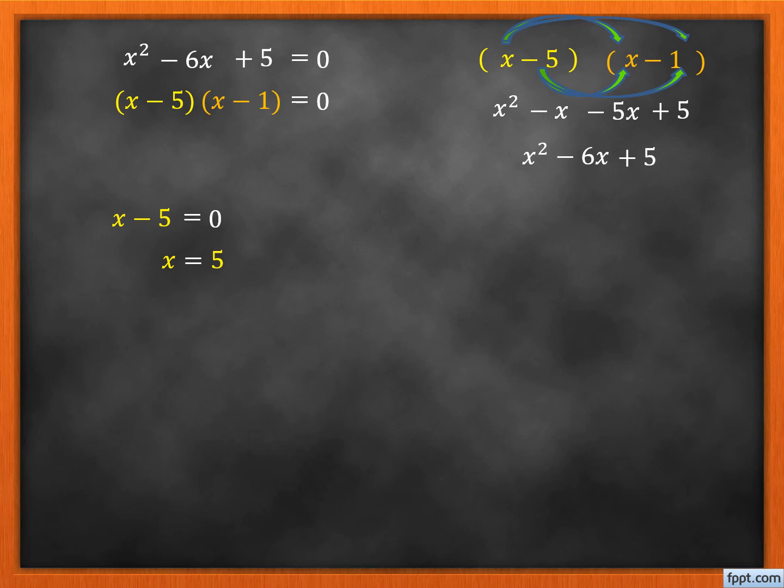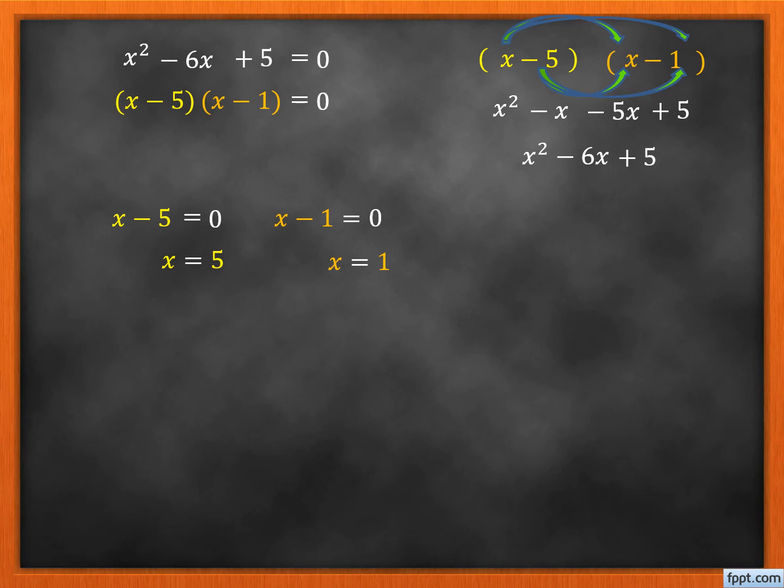Now, using the next factor, which is x minus 1, equating to 0, and solve for x by transposing minus 1 to the other side of the equation. So we have x equals 1. Therefore, we have two values for x, which are x equals 5 and x equals 1.